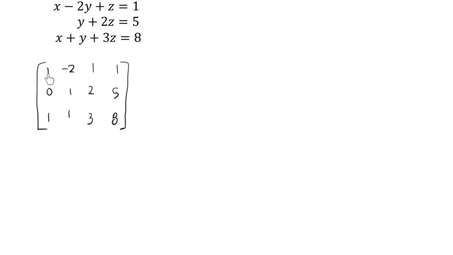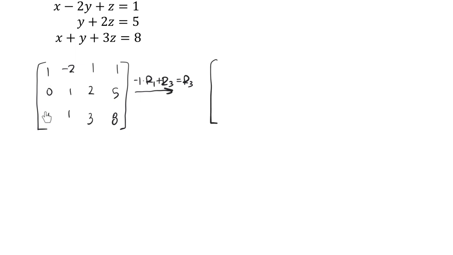So it's about halfway done for us. This is already a 1, this is already a 0, so the next task would be to get this to be 0. So I'm going to multiply row 1 by negative 1, because that'll make a negative 1 right here, which I can add to row 3 to make 0. So that's going to look like this. Negative 1 times row 1 plus row 3 equals row 3.